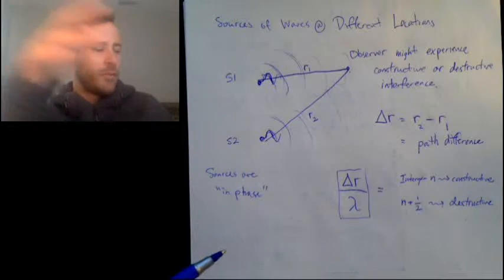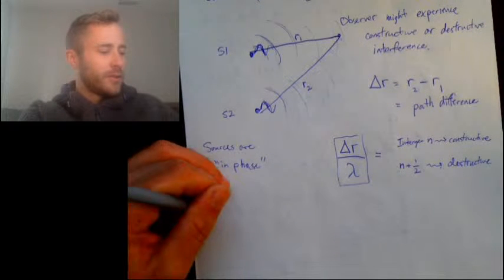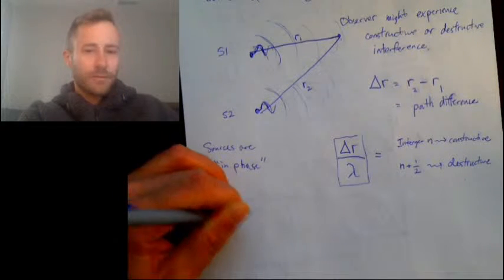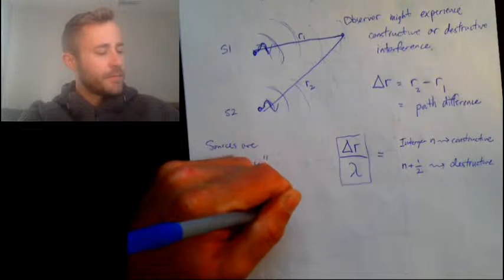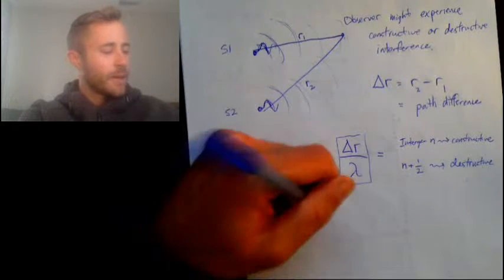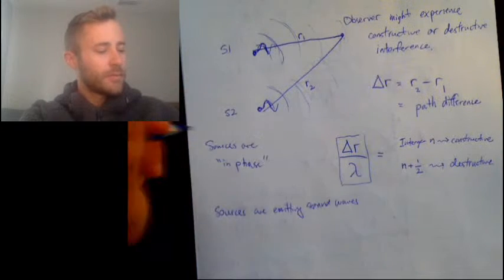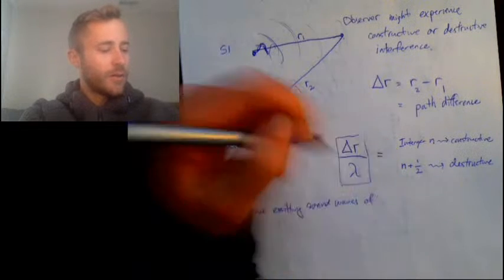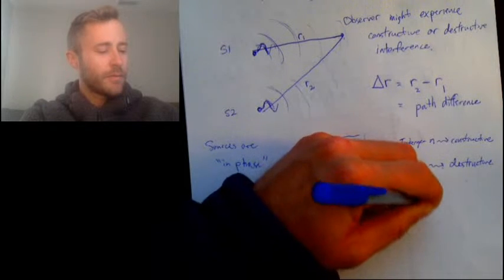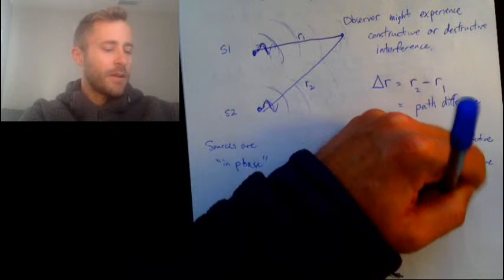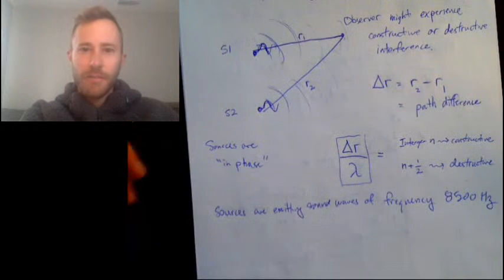So let's do an example. Let's suppose that these sources are emitting sound waves of frequency 8,500 hertz.